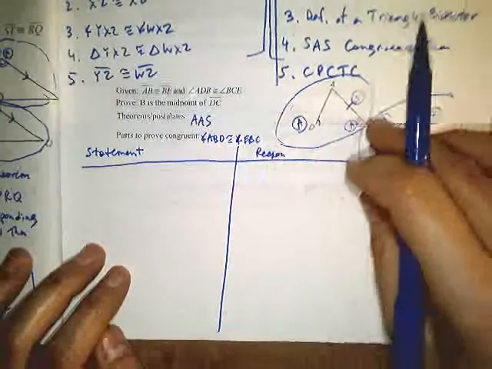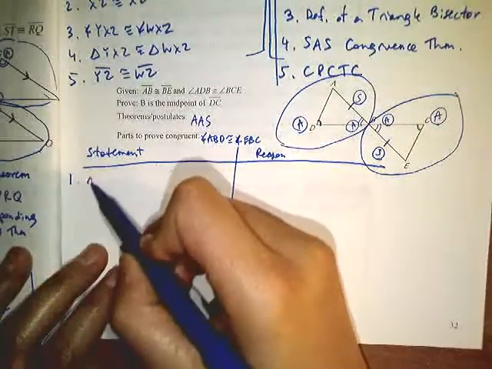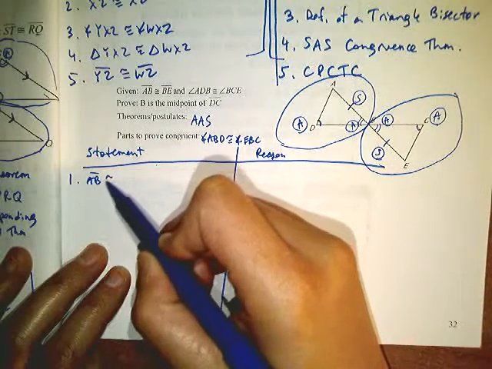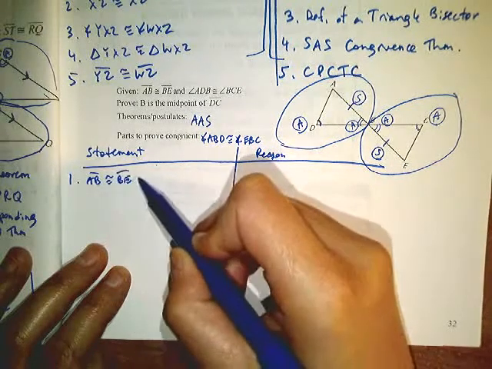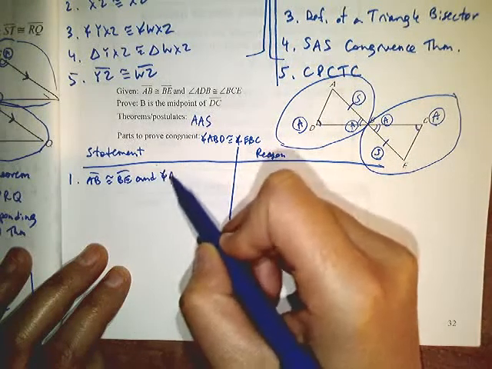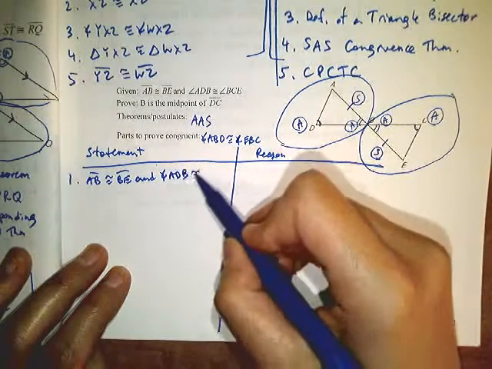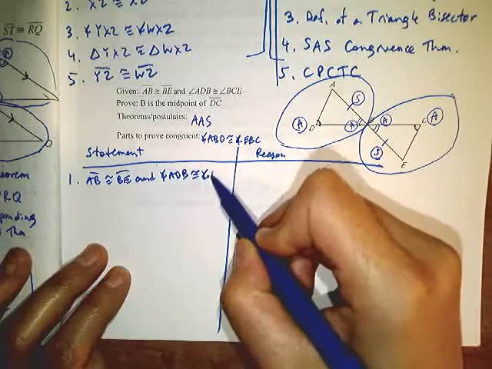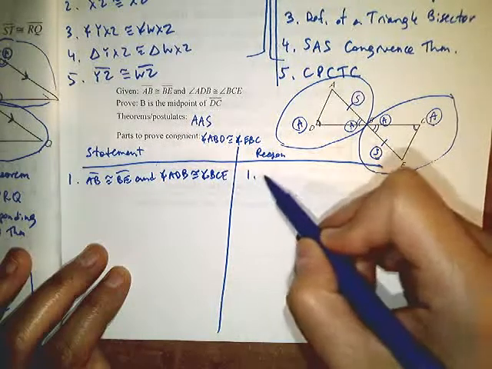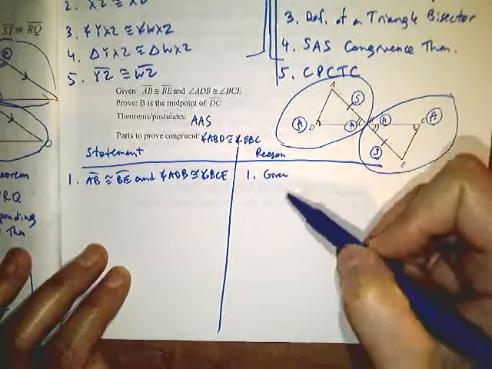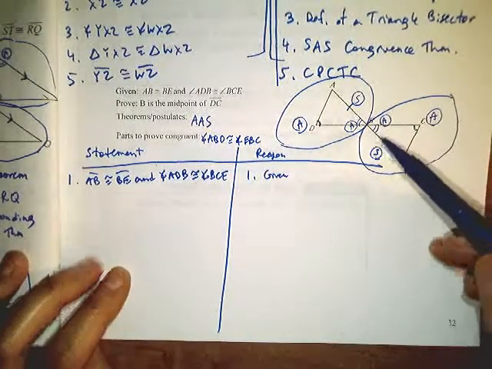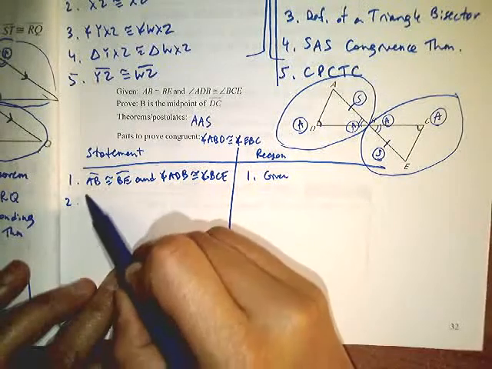Phase one is trying to prove the two triangles are congruent. They told me that AB is congruent to BE and angle ADB is congruent to angle BCE. That was given. Then I said that I see these two angles that are congruent.